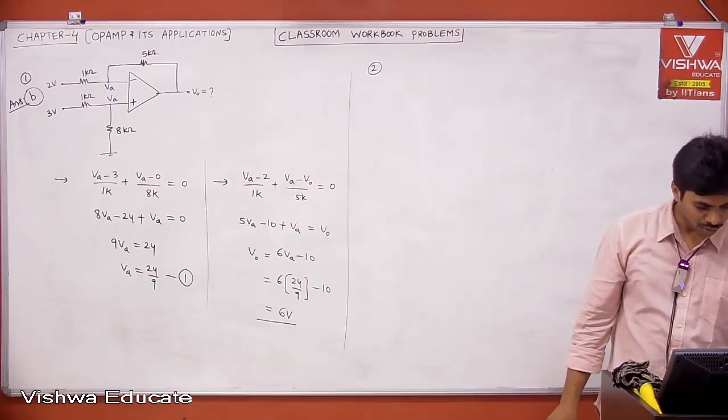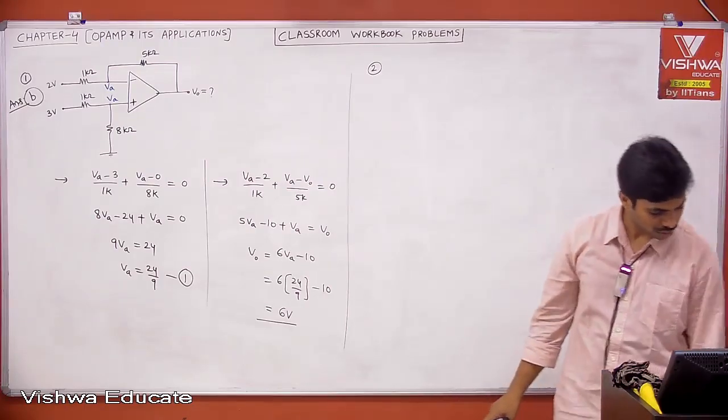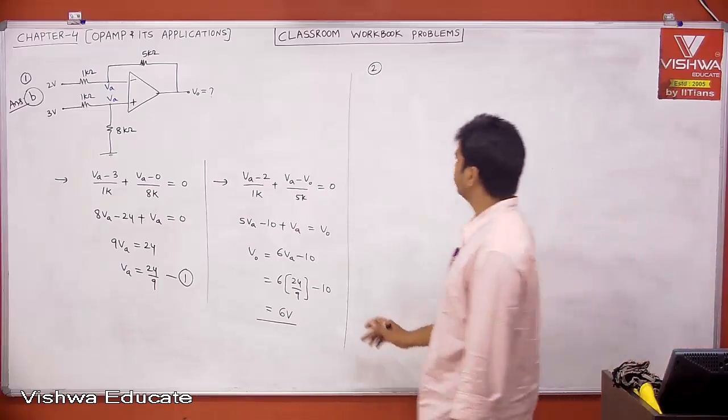For the op-amp circuit shown in figure, V0, the circuit is 1K, 1K, 1K and 1 volt.